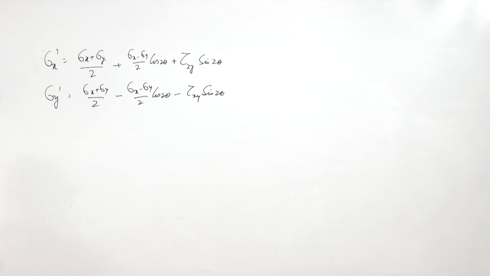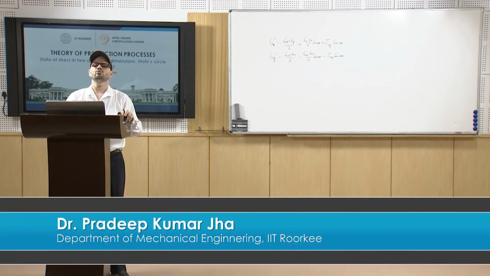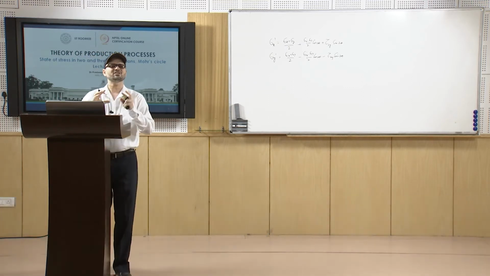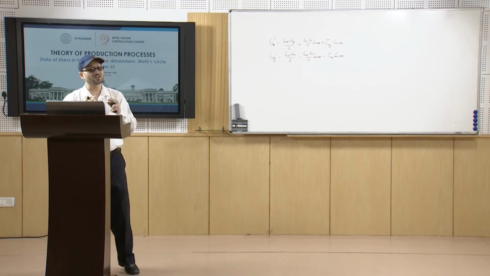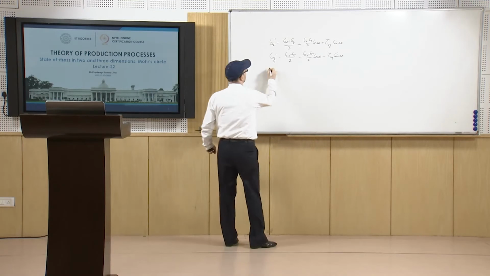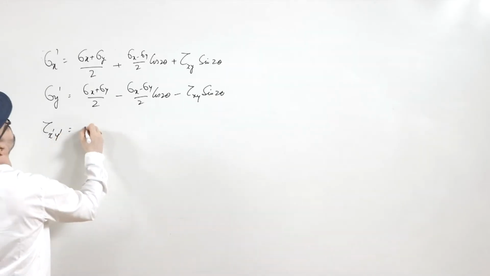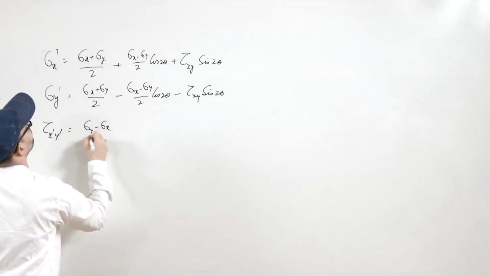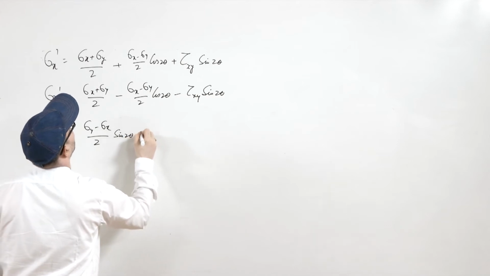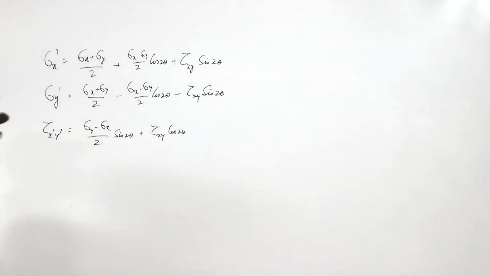Then the shear stress acting on this plane, that is tau x prime y prime. So, that will be sigma y minus sigma x by 2 sin 2 theta plus tau xy cos 2 theta. So, tau x prime y prime is sigma y minus sigma x by 2 sin 2 theta plus tau xy cos 2 theta.